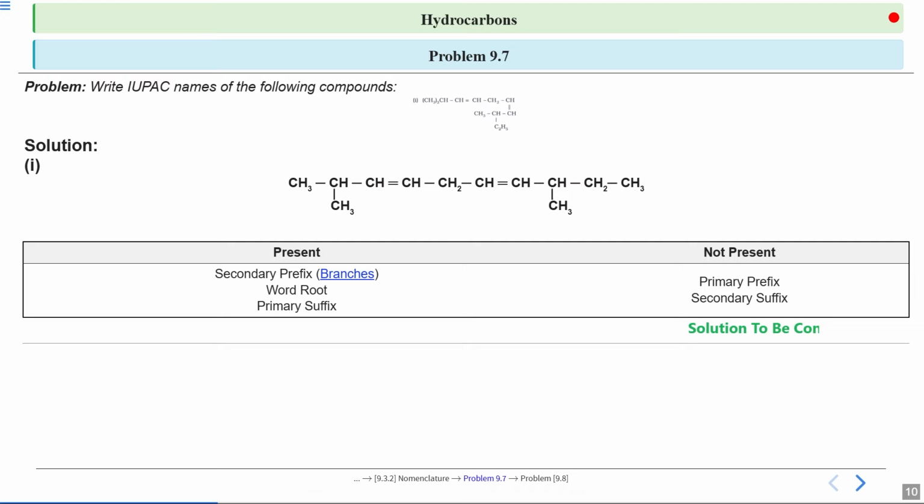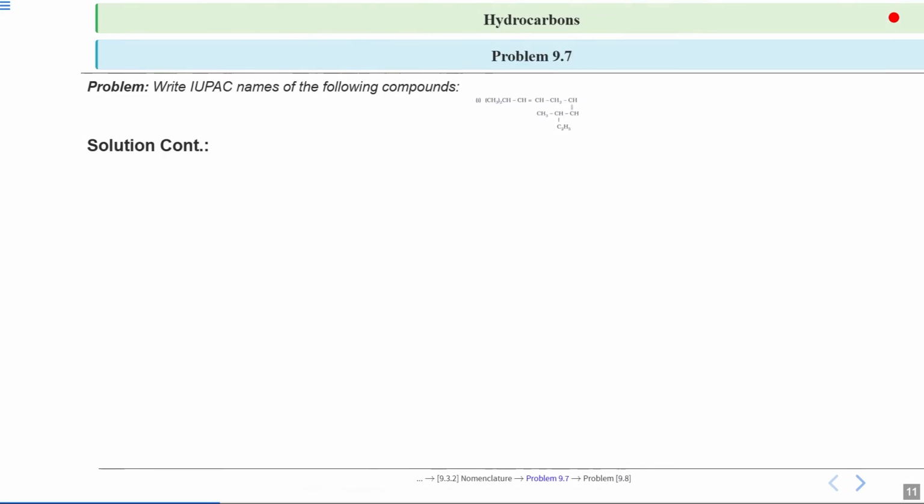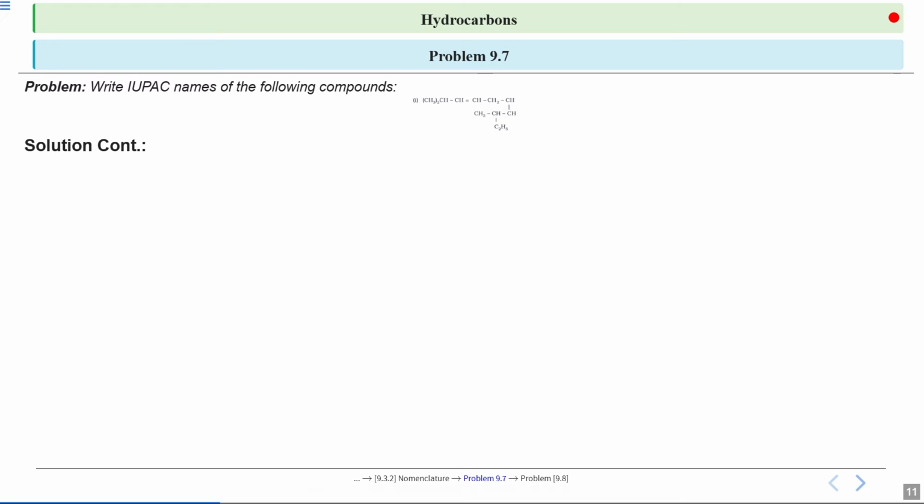Now moving on with the second part of this naming. So far we have listed the names of all the prefixes and suffixes which are present and which are not present. What is the next thing? It is deciding the word root. How do we decide the word root? By identifying the longest chain, and that longest chain must include the double bond.